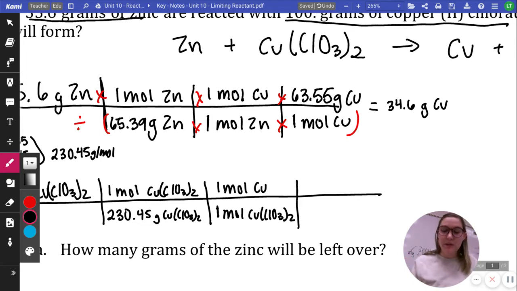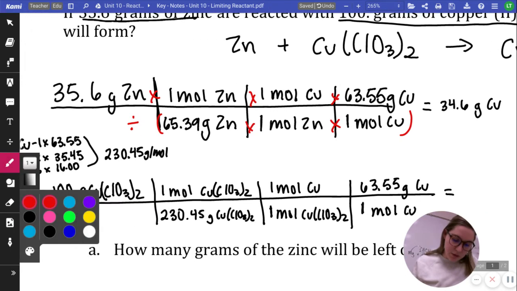Moles of copper is still not what we want, so we're going to drop it low. And this time we're going to convert to what the problem asks for, which is grams of copper. So 1 mole of copper weighs, again, from our periodic table, 63.55 grams. All right, guys, so that would be how we solve that one.